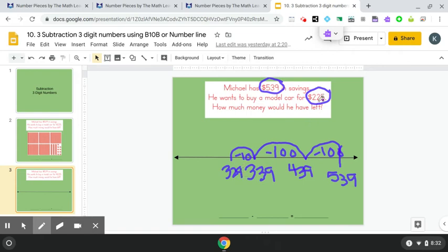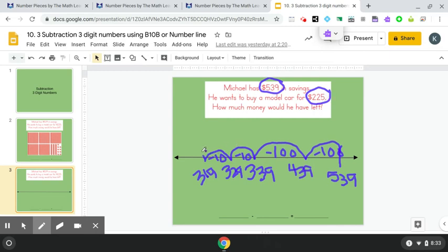And I need to go another 10. So I'll take that away on my number line and I'll label that jump so I can keep track. And 10 less than 329 would be 319. And finally, I need to go 5 less for the ones place.